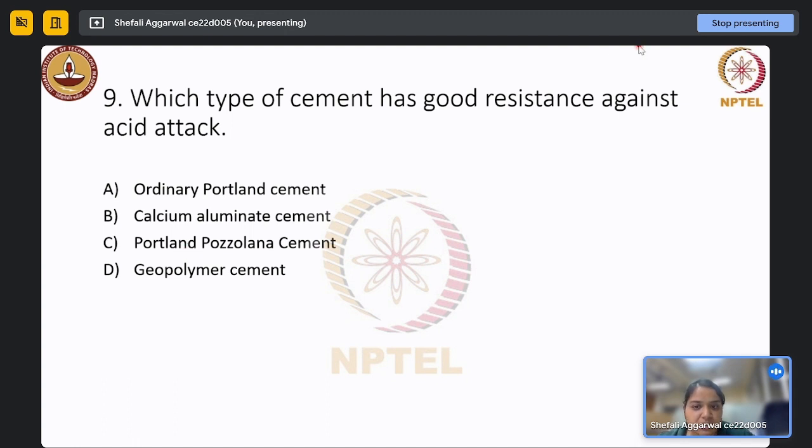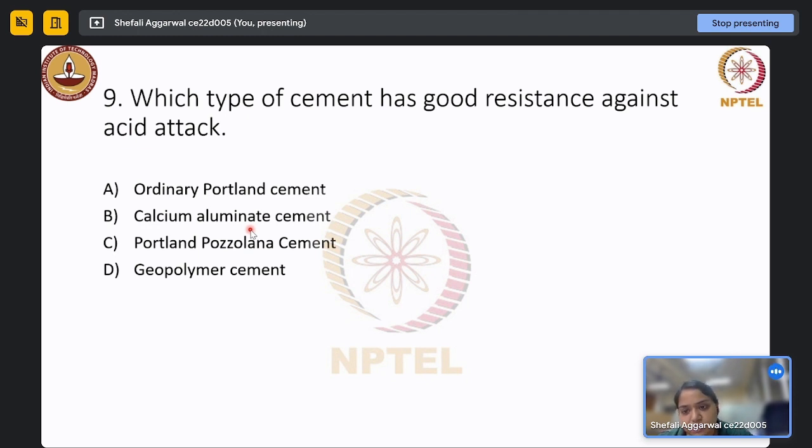Mostly acid attack happens because of H2S, sulfides. Geopolymer can be a better option than OPC, but if we see all types of cement, then we can say that calcium aluminate will be the best out of these four, for many reasons. It's not just because it has fewer silicate compounds.